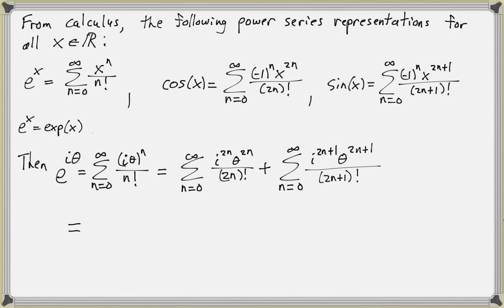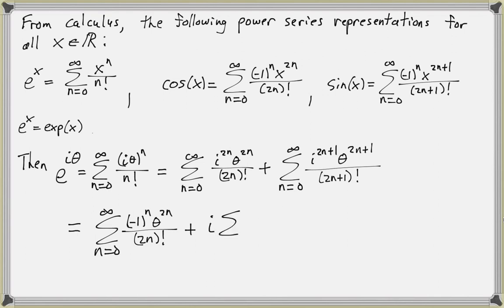And then I'm going to use the fact that i squared is equal to -1 to write this sum n equals 0 to infinity, -1 to the n times theta to the 2n over 2n factorial. And we recognize this series as cosine of theta. And for the second series, I'm going to factor out a factor of i from the numerator.